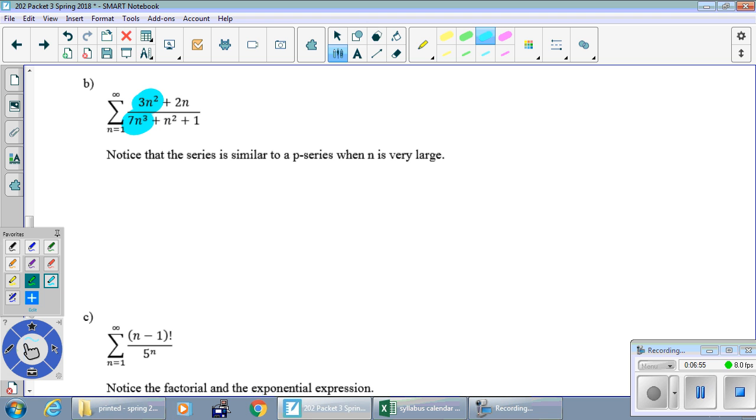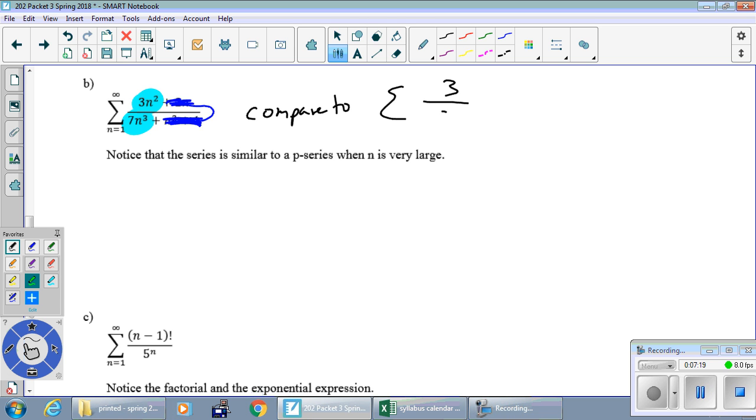Same deal downstairs, only the 7n cubed is going to matter, which means that temporarily we're going to ignore the plus 2n, and we're going to ignore this plus n squared plus 1, and we're going to look at what's left. And what's left has some n's that I can cancel. And if I cancel two n's from top and bottom, then we get 3 over 7n. And so that is what we're going to compare to.